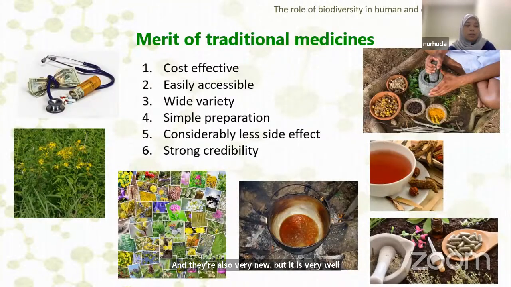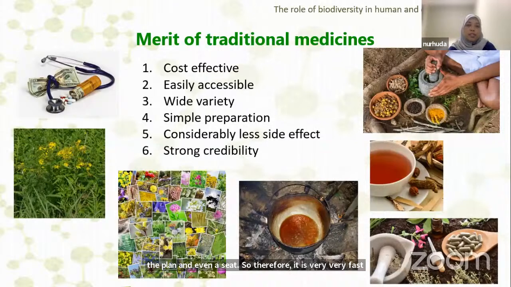You can get many species, depending on your locality, and you can also prepare the medicine from many different organs of the plant, from the flowers, the leaves, the barks, the roots, any organs of the plant, and even the seed. So the variety is very, very vast.